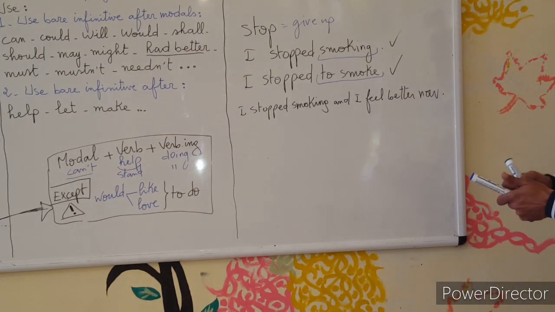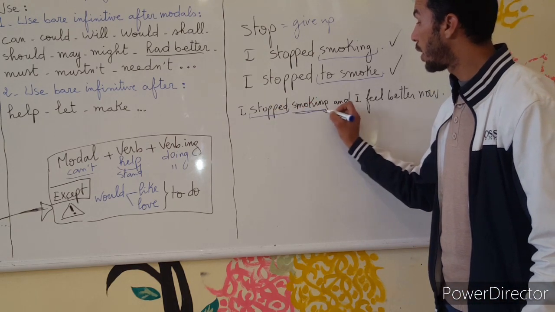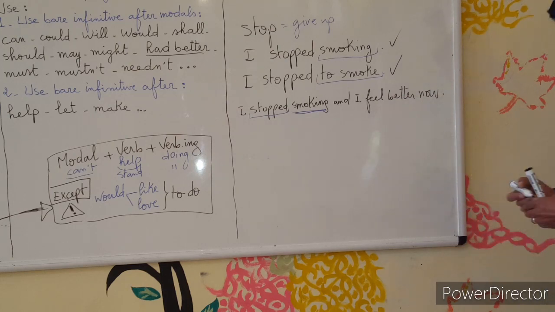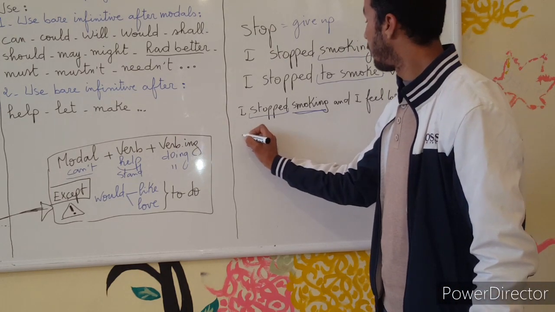This is the first context. I stopped smoking. What am I talking about here? I stopped smoking forever.